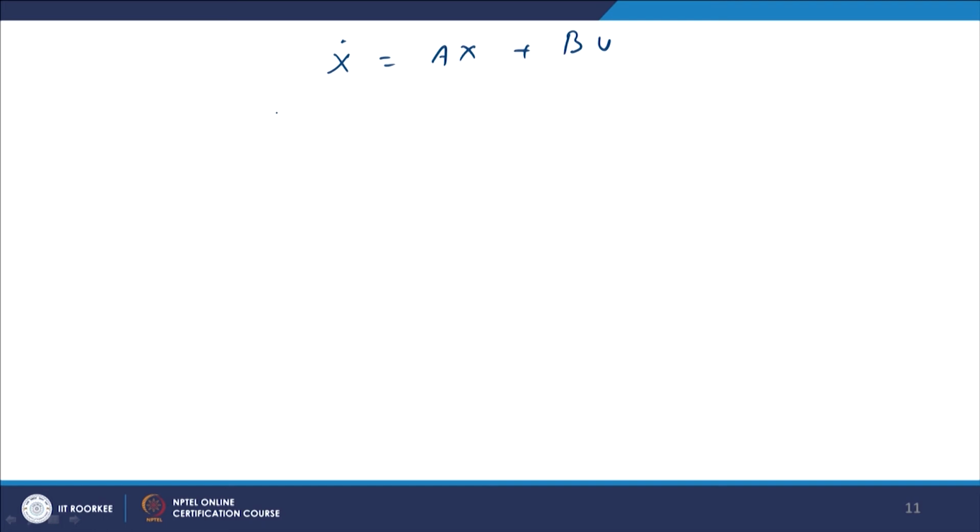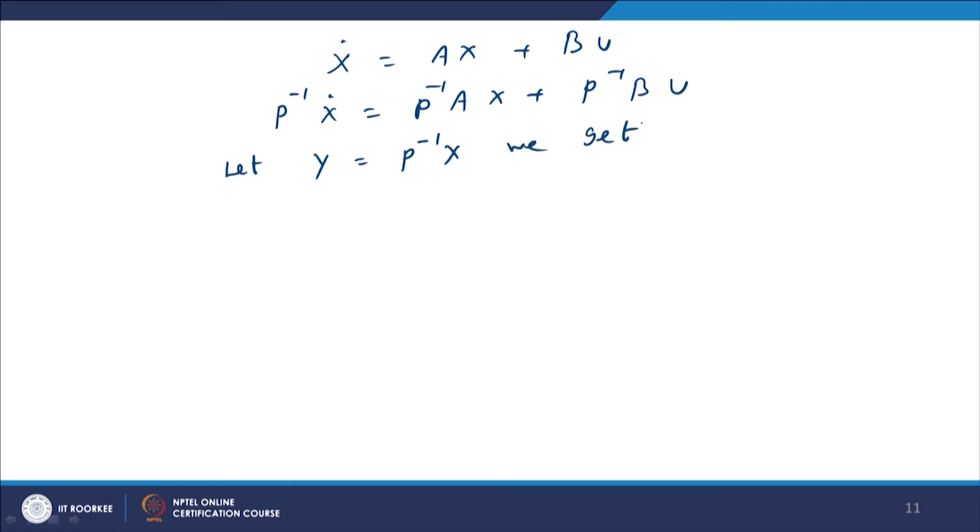If we multiply both sides by this P inverse matrix, we get P inverse Ax plus P inverse Bu, and if you let y equal to P inverse x, so that x can be written as Py, we get y dot equal to P inverse A P y plus P inverse Bu.